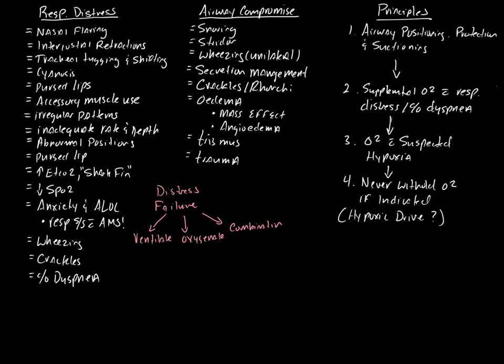So if you find somebody, let's say they've overdosed on OxyContin, and they're apneic, they're blue, their SATs are very low, and you start bagging them and find out their CO2 is very high, what kind of respiratory failure are they in? And yeah, they're both, right? Does that make sense?